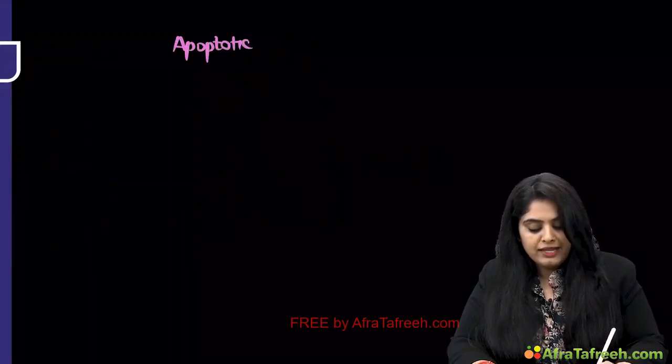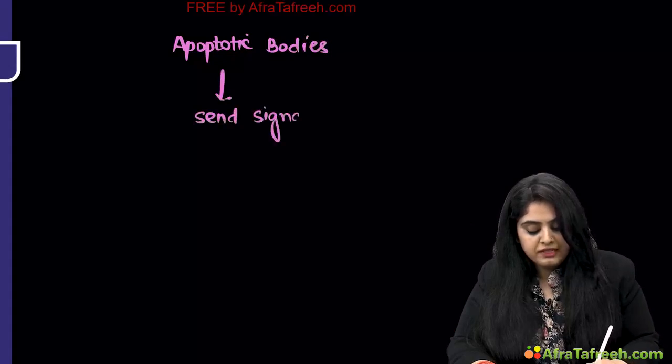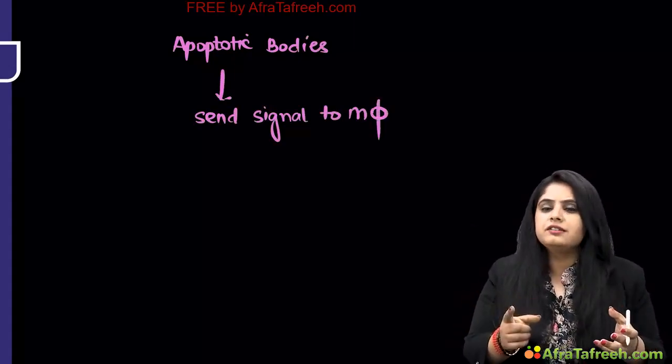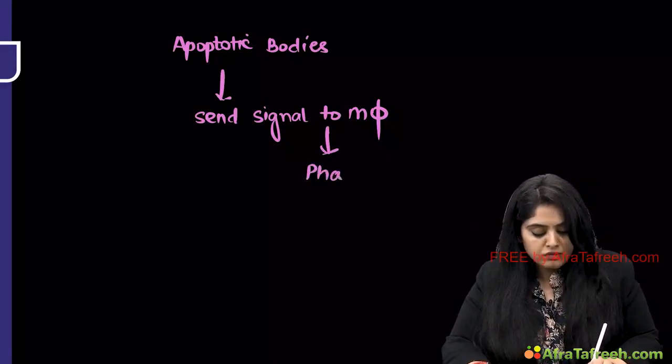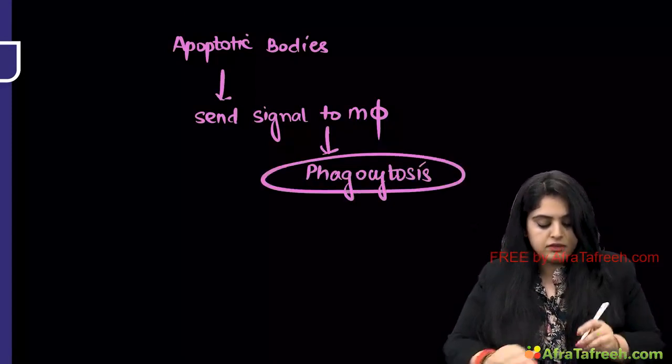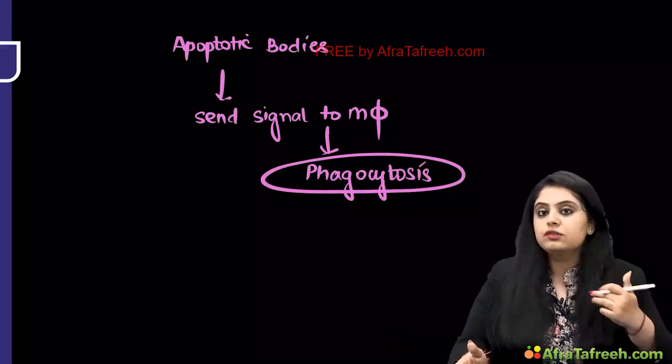These apoptotic bodies are then going to go and send a signal to the macrophages that please, what is macrophage? Macrophage is a hungry cell, na, that please come and eat me and finish. Macrophage is going to cause phagocytosis and finally your cell is completely demolished. That is apoptosis. So now, is it so simple?